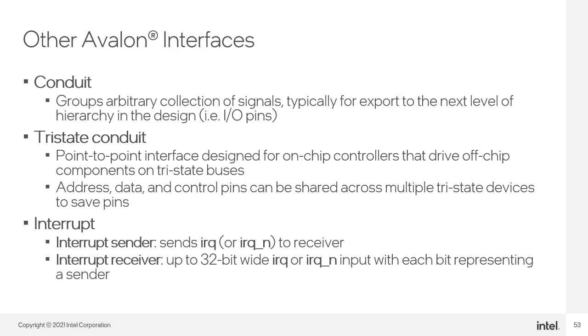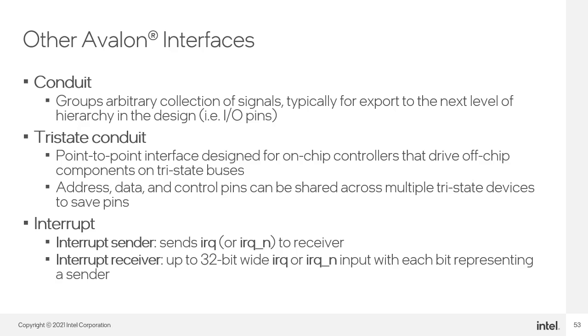There are a few other interface types that make up the Avalon standard. Avalon conduit interfaces are signal groupings that don't conform to any of the other standards. They are typically exported out of a system to connect to other parts of a design or device I/O pins. A tri-state conduit interface allows for control and access to external devices on a tri-state bus.